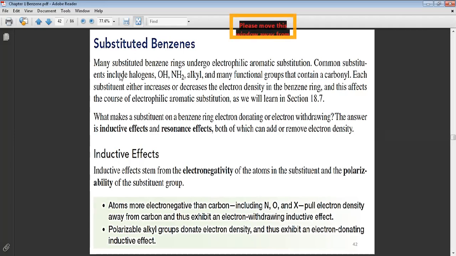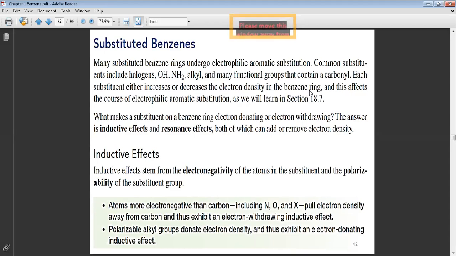Common substituents include halogens, hydroxyl group, amine group, alkyl, and many functional groups like carbonyl. Each substituent either increases or decreases the electron density. Look, this is important. All the groups have two cases: they either increase or decrease the electron density on the benzene ring.